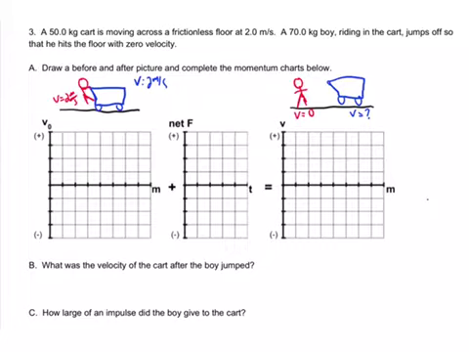Okay, so setting up our momentum chart to start, first we have to take note of the boy's mass, which is 70 kilograms. And we know that the boy is riding the cart, so I'm going to call this up here just 2 meters per second.